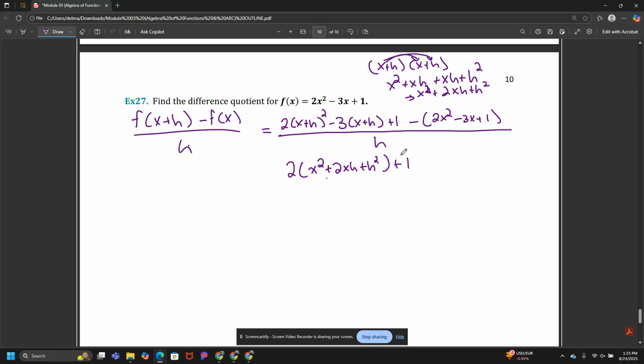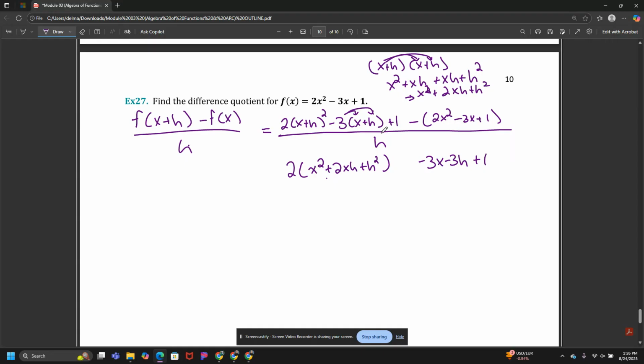But then we've got to distribute for this part. So then we're going to have minus 3x minus 3h. That plus 1 doesn't go there. Plus 1.